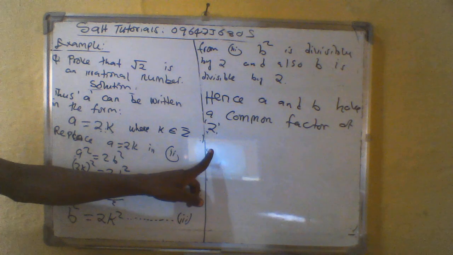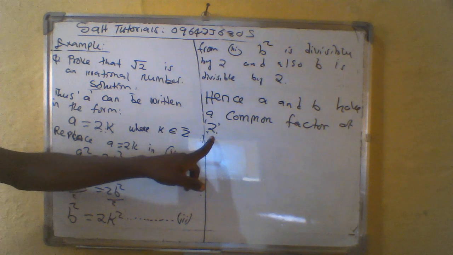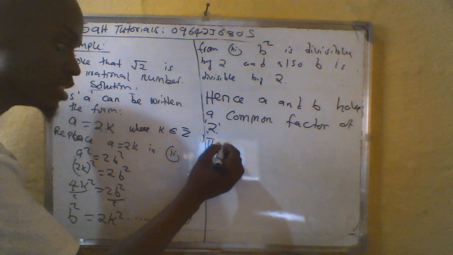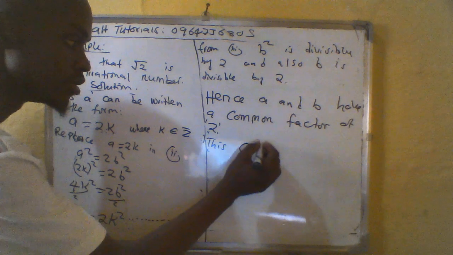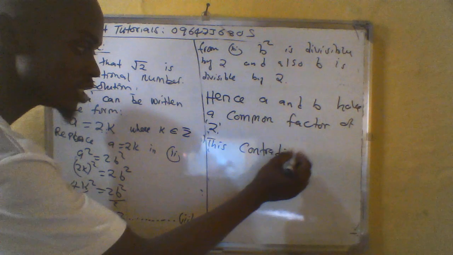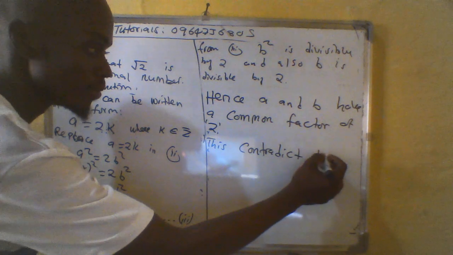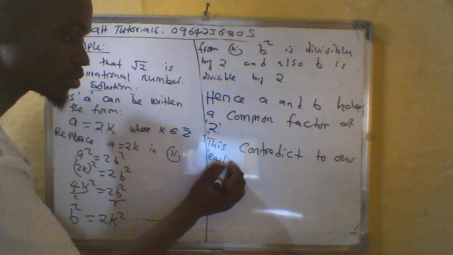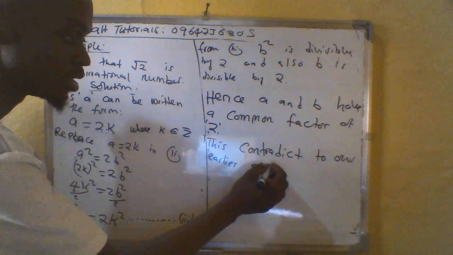Of 2. So where we are saying that they have a common factor of 2, this now contradicts our earlier assumption. What was the assumption which we made?